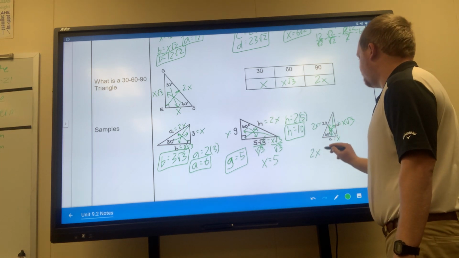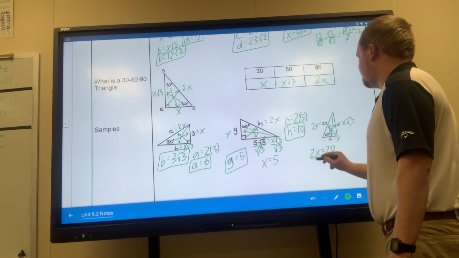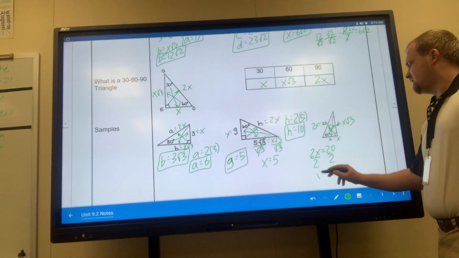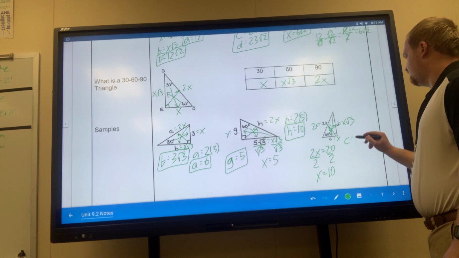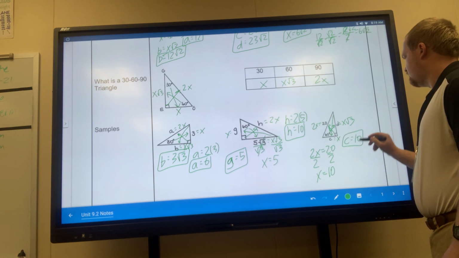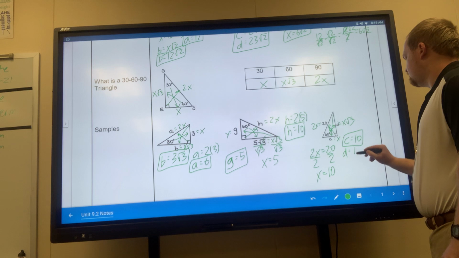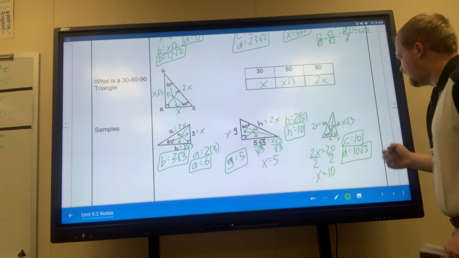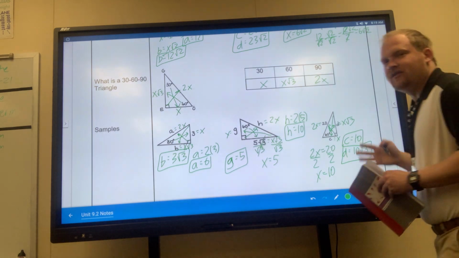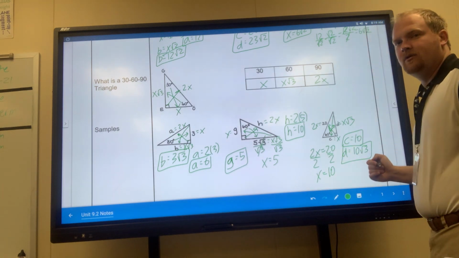It's a pretty simple solve, because I just have to divide by 2 on both sides. x equals 10, so for c, that equals 10. And for d, it's just 10 square root of 3. I don't have to do anything else. As a matter of fact, there's not really any more I can do with that.